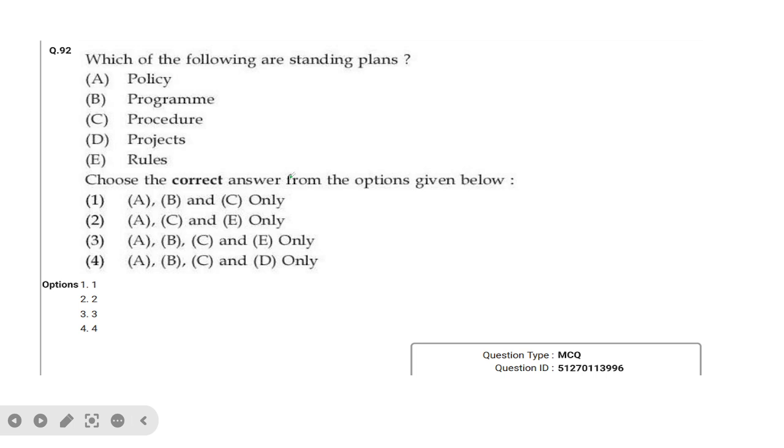So the answer is option number 2, that is A, C and E. Policy, procedures and rules are the standing plans or the ongoing plans, and the single use plans are programs, projects, schedules.